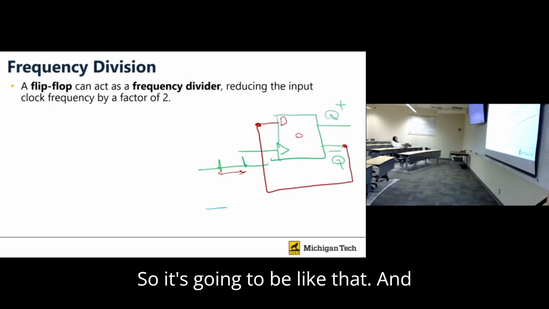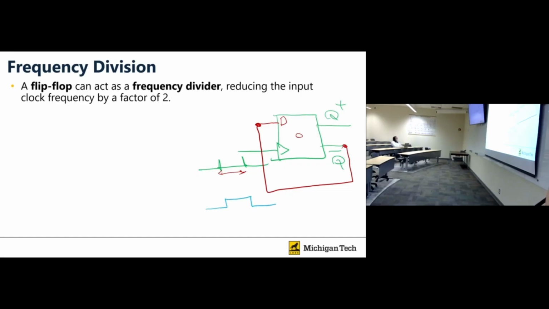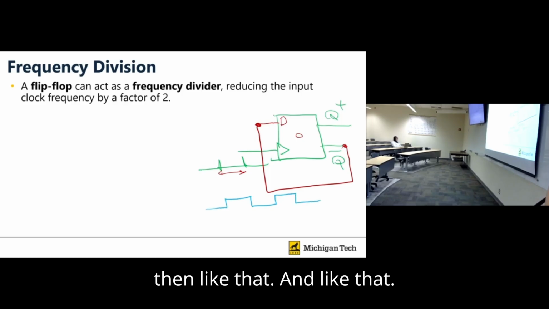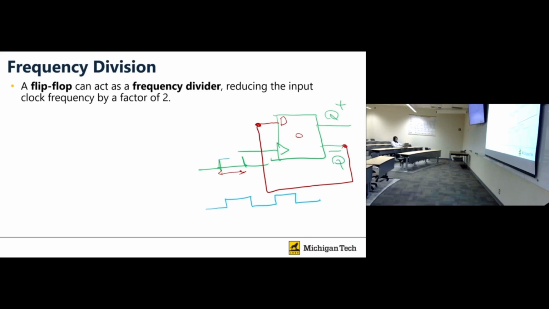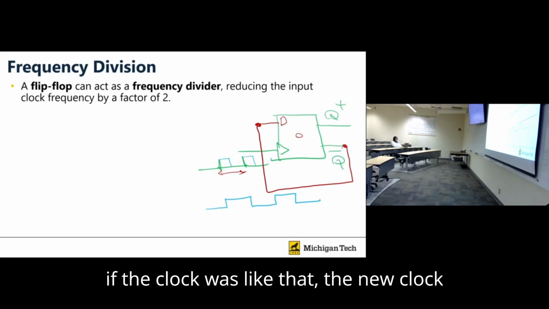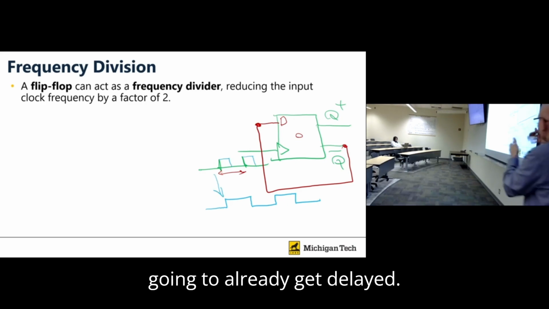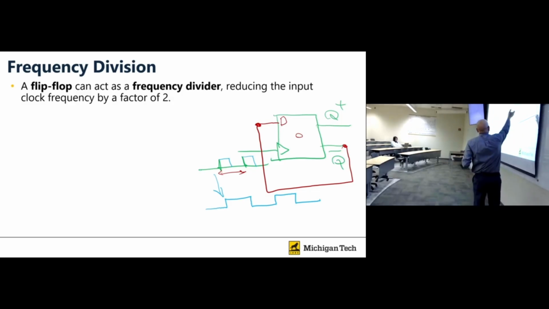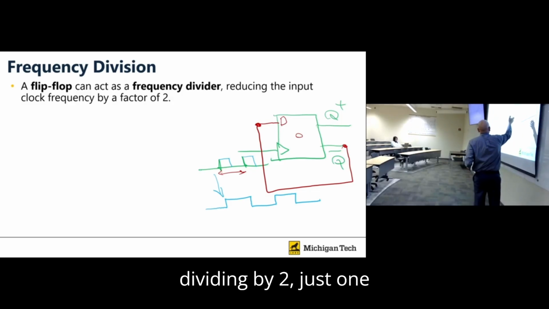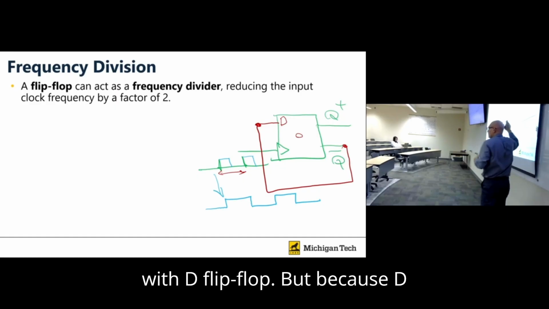So it's going to be like that, and then like that. If the clock was like that, the new clock is already delayed. So this is dividing by 2, with just one D flip-flop.